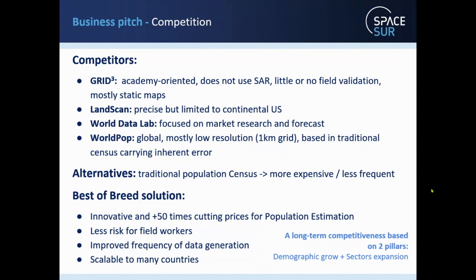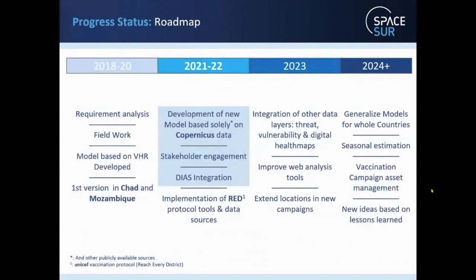And this was because of the 50 times cutting of prices of the population estimation, and more than 200 times cutting of prices when we adapt into the Copernicus infrastructure. This is the importance of the process.